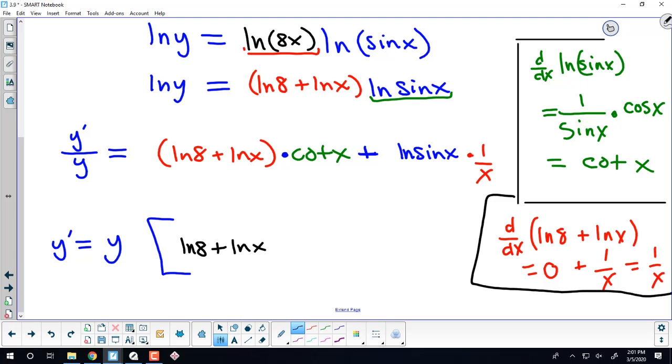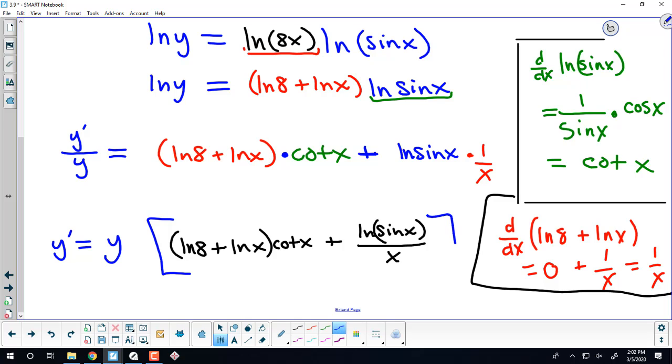Remember, ln of 8 plus the ln of x, we could rewrite that as what, if we reverse the properties of logarithms? Yeah, ln of 8x times cotangent plus ln sine of x. Remember, it's the natural log of the sine of x divided by x, so hopefully no one's tempted to cross the x's out.